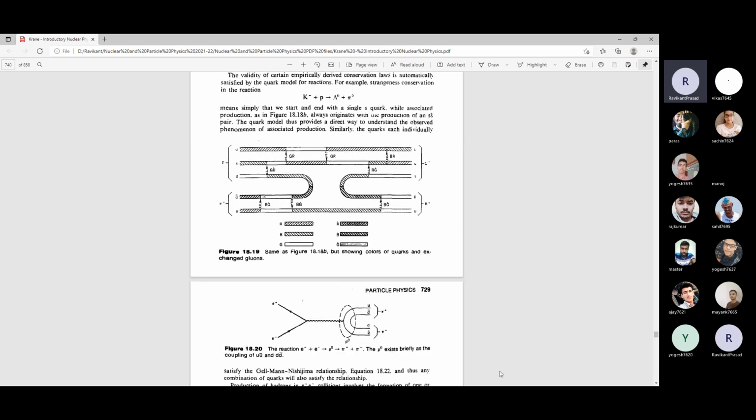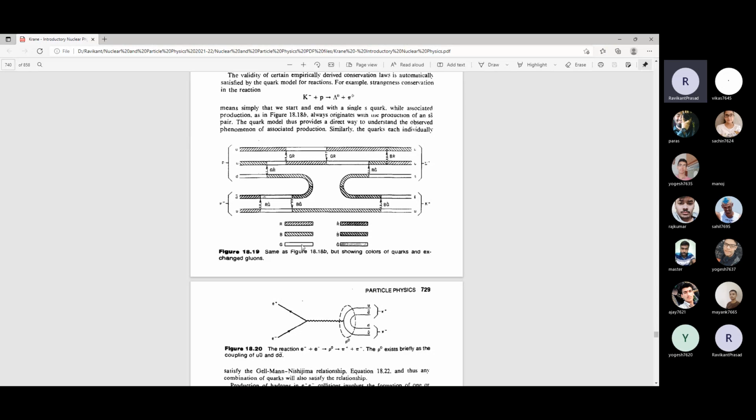But if you see in terms of gluon exchange, then this is the reaction. This U and this is another U and this is another D. So here I started with U U D and this is D bar and U. These are the different gluons which are being exchanged and finally you are getting this particle. For example, I just show you here this D which is of green color.